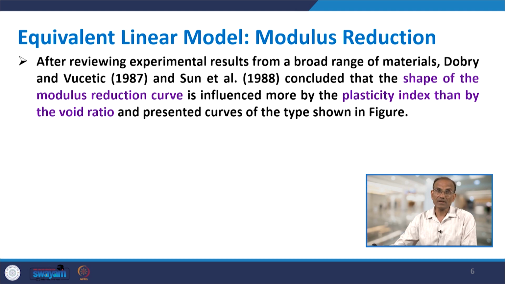For example, after reviewing experimental results from a broad range of materials, Dobry and Vucetich in 1987 and Sun et al. in 1988 concluded that the shape of the modulus reduction curve is influenced more by the plasticity index, PI, than by the void ratio, and presented curves of the types shown in this figure.